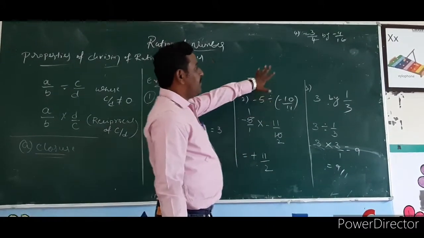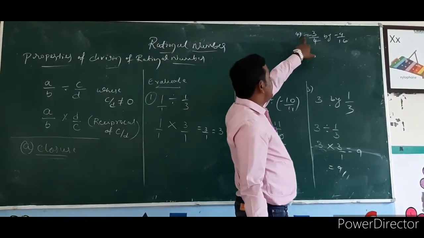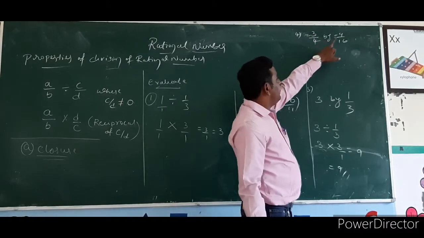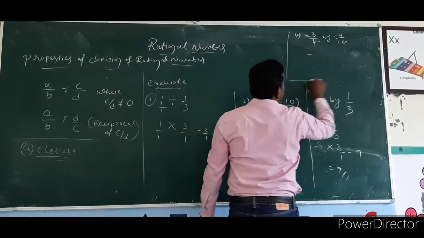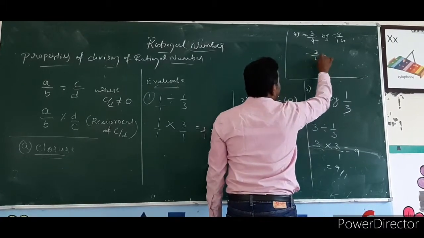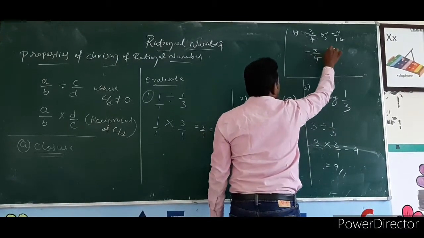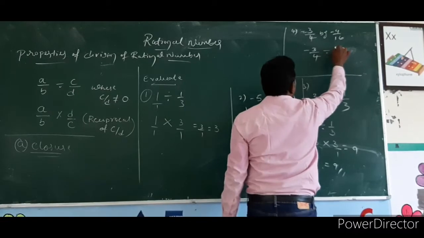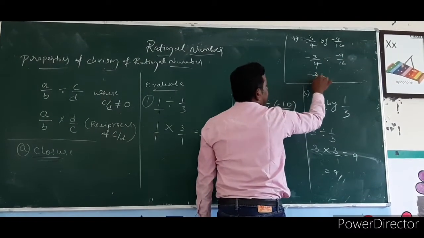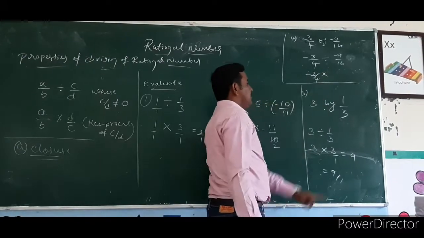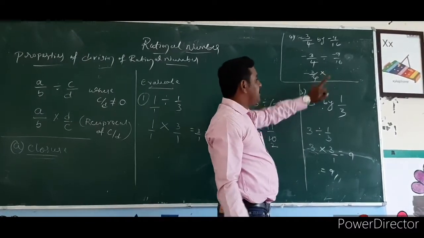Next, the fourth problem I am taking: minus 3 by 4 divided by minus 9 by 16. You write minus 3 by 4 as it is. In the place of by, you replace the division symbol, minus 9 by 16. This divide symbol converts into multiplication.